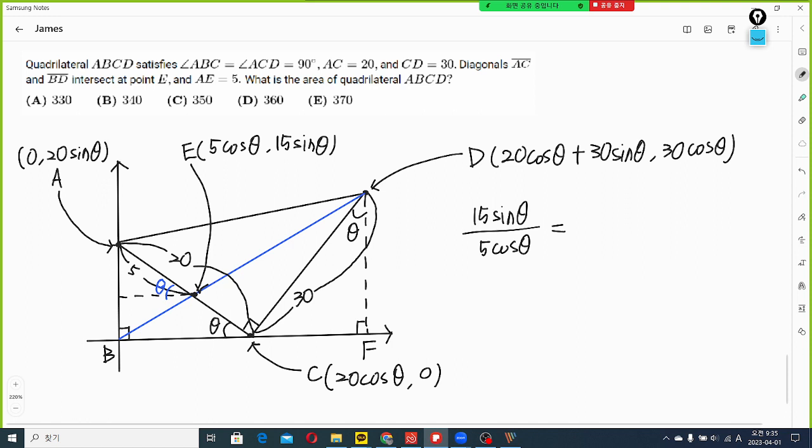And the slope for D is also the y coordinate over the x coordinate. And then when you solve this proportion, we can make cross multiplication.